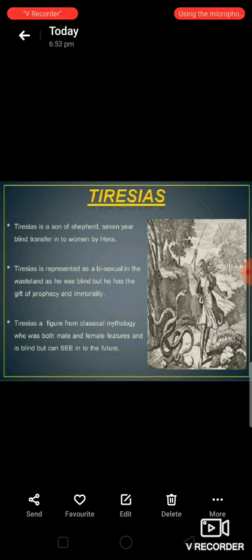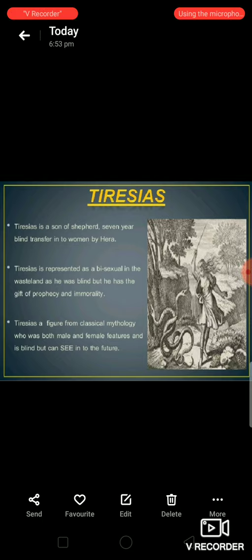Now let's talk of Tiresias. Tiresias is a son of a shepherd. See, here we are having the word shepherd. Its pronunciation is not "shepherd", it is "shepherd". So Tiresias, son of a shepherd, seven years blind, transformed into a woman by Hera.